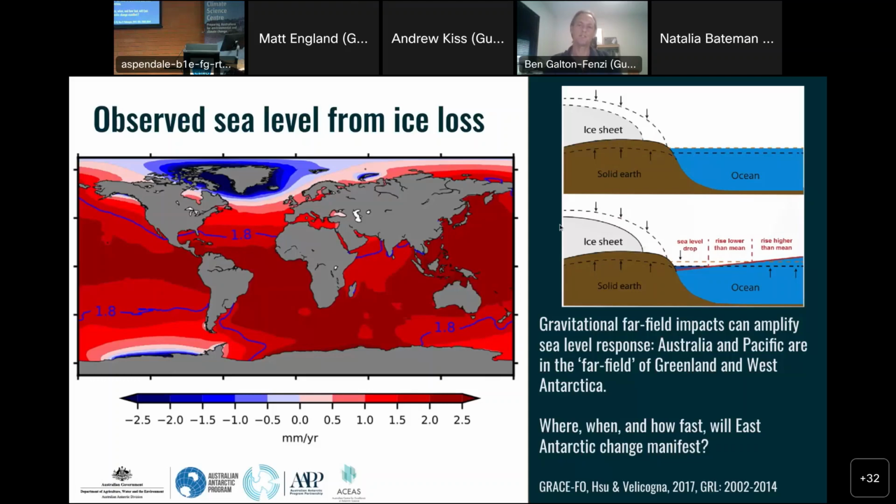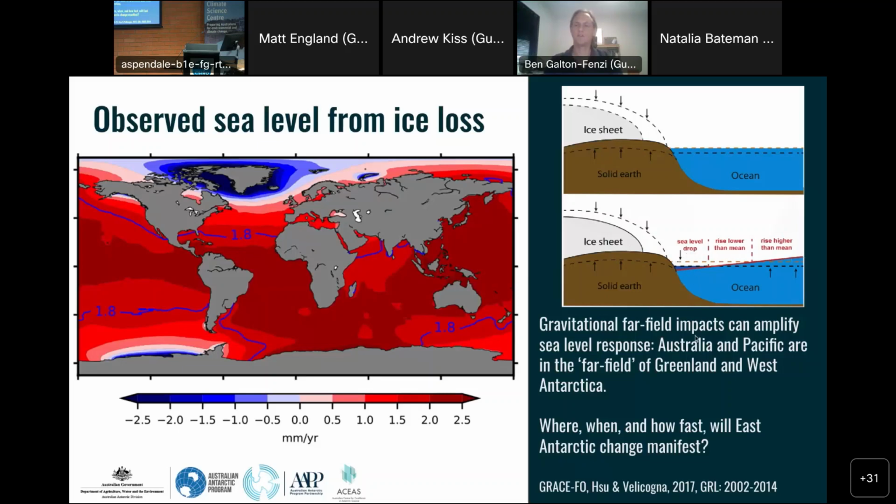But overall, the mass of that area with the ice sheet has got smaller, and so the ocean's not attracted to it in the same way. And so you actually get a drawdown adjacent to the ice sheets, and you get a far field average increase in the rate of rise.